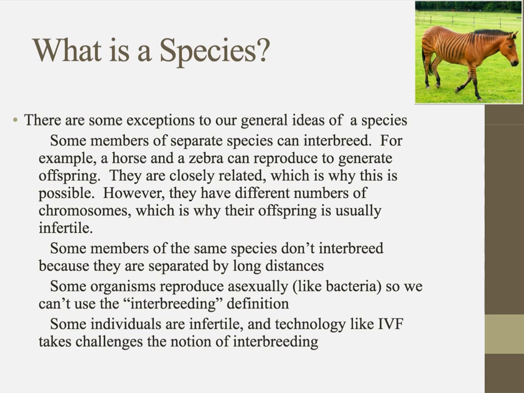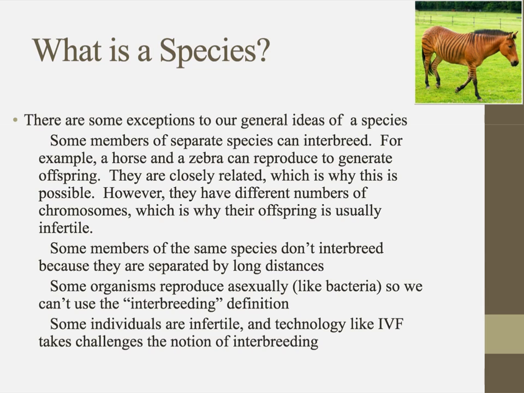Some other examples of exceptions: some members of the same species don't interbreed because they're separated by long distances. So people living on the island of Hawaii and people living on the coast of Greenland are probably too far apart to interbreed, but it doesn't mean they're not the same species. Because I bet if we put them together, they could interbreed, they're just not.